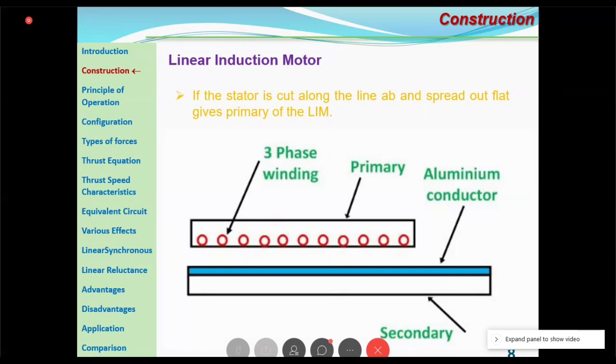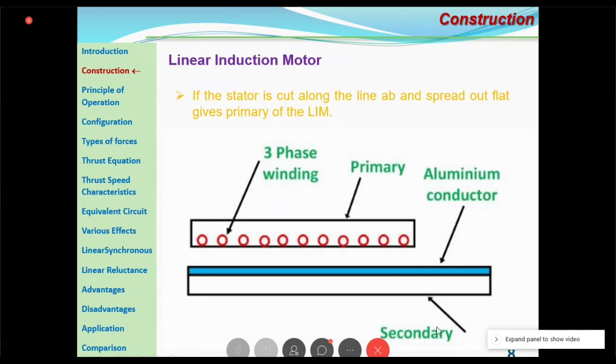Here you have a three-phase winding and a primary, which acts as the field system. This primary consists of slots, and the slots carry the three-phase windings. The three-phase distributed windings are inside the slots and form the primary, the field system. You can also see an aluminum conductor and a secondary.